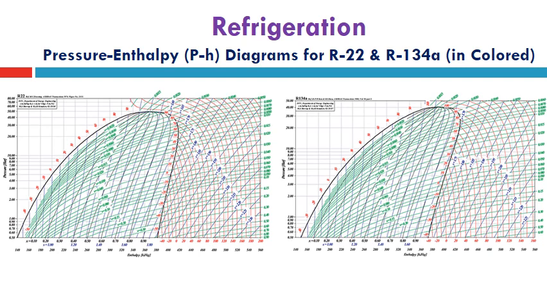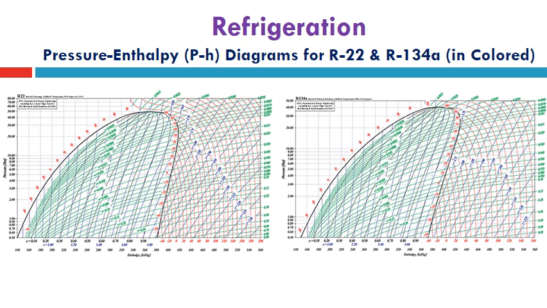gives R134A better performance due to its ODP and GWP, which we'll discuss also in the next slide. We can observe that R134A is an HFC, which means it contains hydrogen, fluorine, and carbon without chlorine. However, R22 is an HCFC, which is hydrochlorofluorocarbon.